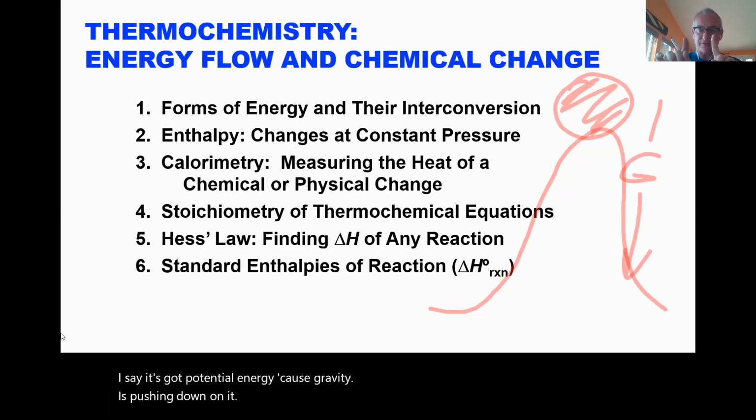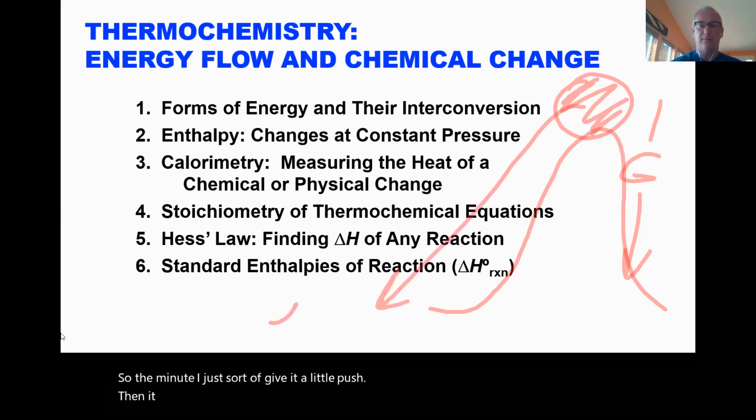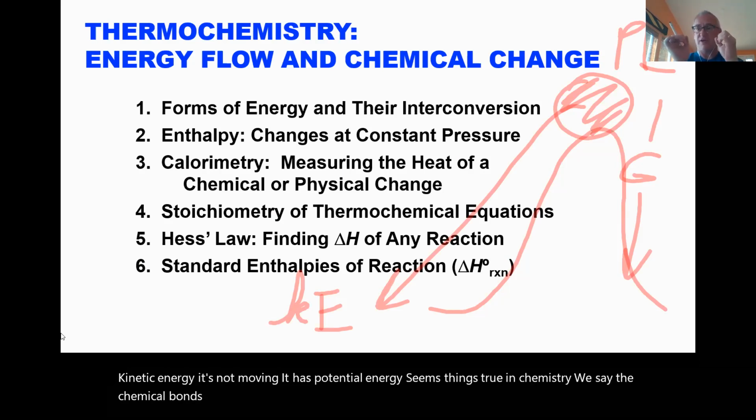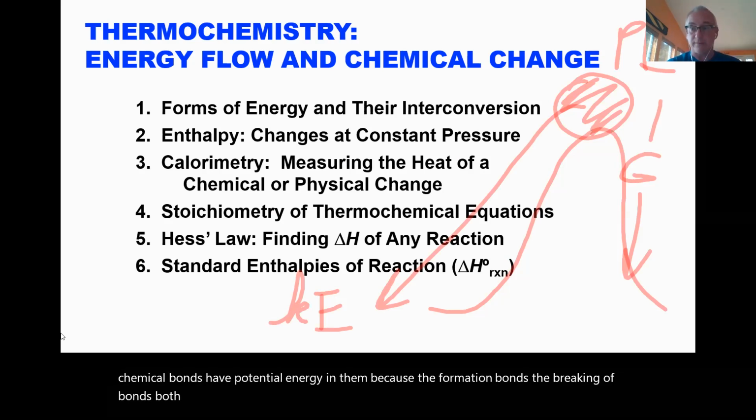And so the minute I give it a little push, then it starts moving, and that would be kinetic energy. So while it's not moving, it has potential energy. Same thing's true in chemistry. We say that chemical bonds have potential energy in them because the formation of bonds and the breaking of bonds both involve energy. And we'll talk about what kind of energy that is.